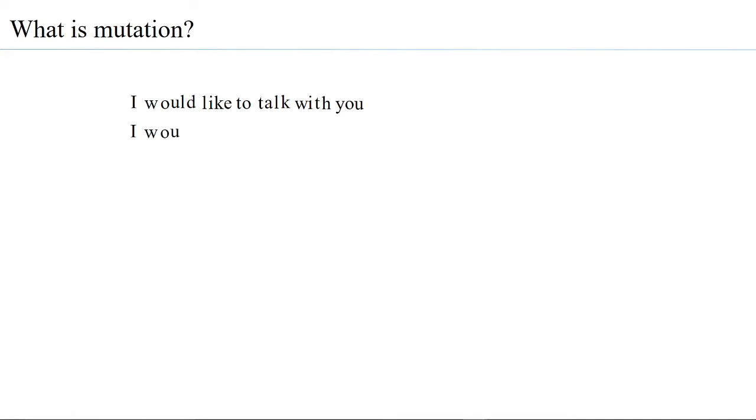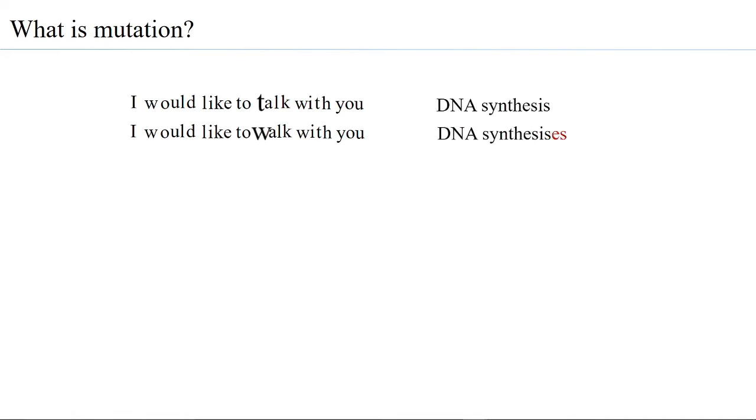Now, say while writing that same sentence, instead of T, what is written is W. So what happens is, I would like to walk with you. So there is just a simple change in one alphabet, that is, the T is getting altered to W.